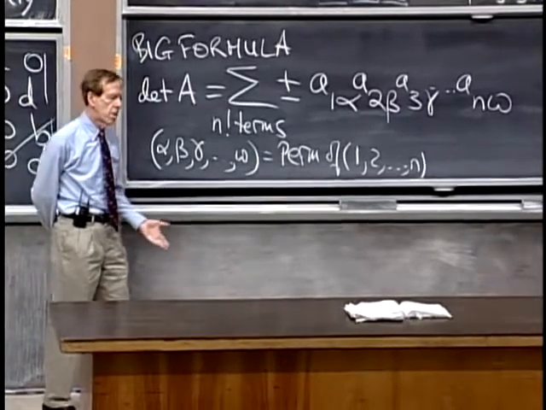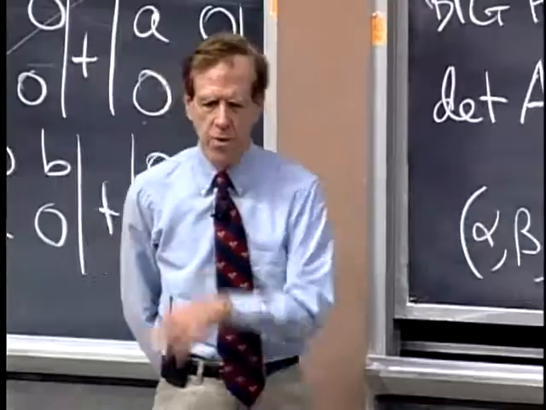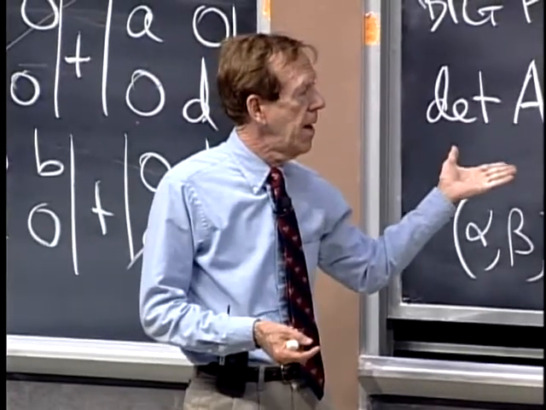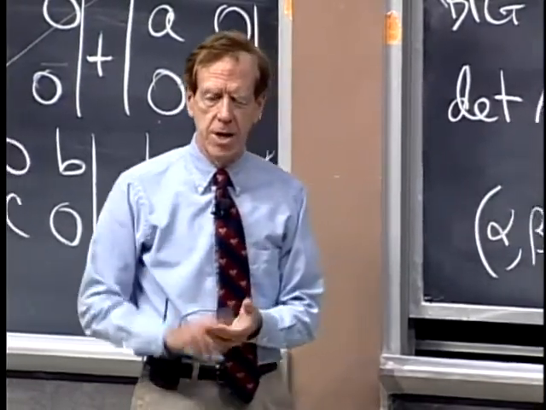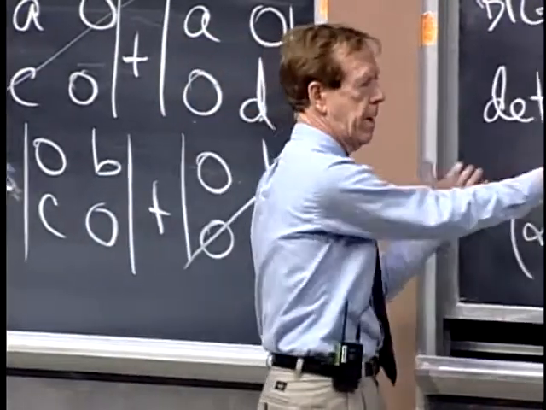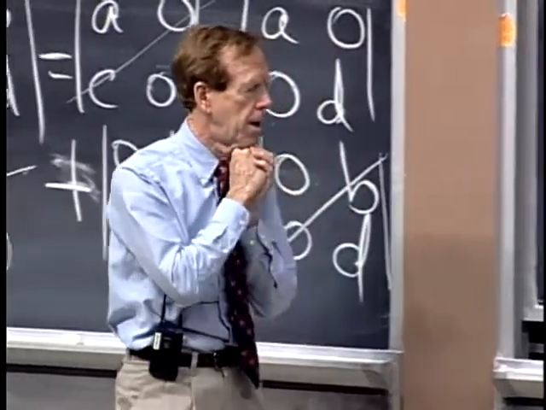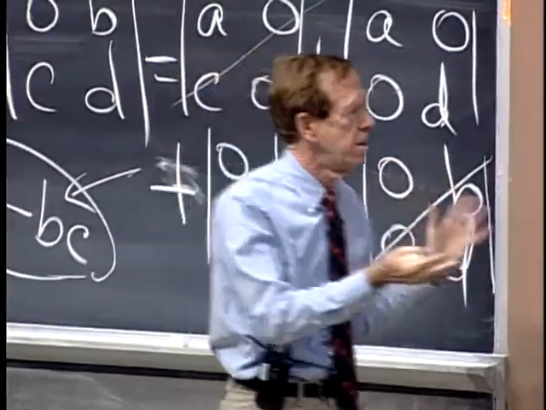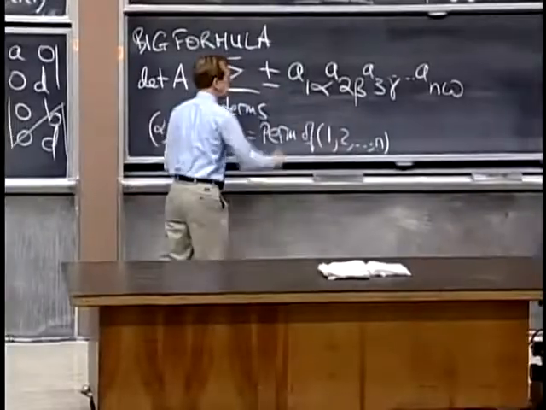So we could go back from this formula and prove everything. We could even try to prove that the determinant of AB was the determinant of A times the determinant of B. But next week we would still be working on it, because it's not clear, if I took AB, my God, the entries of AB would be all these pieces.